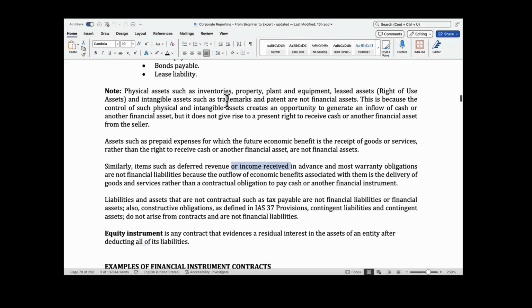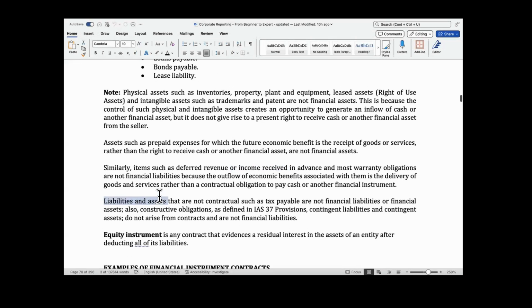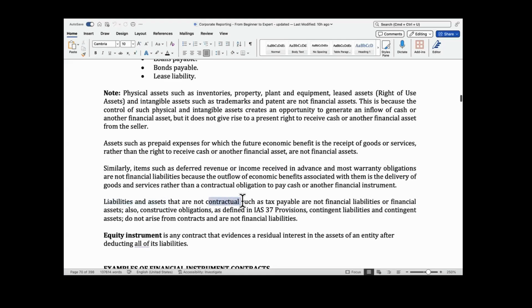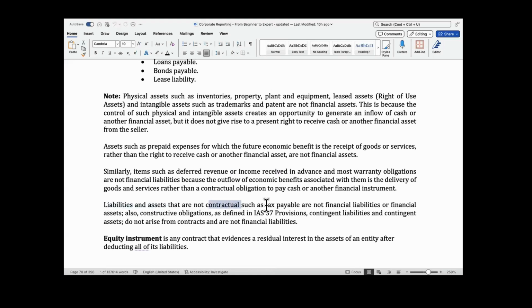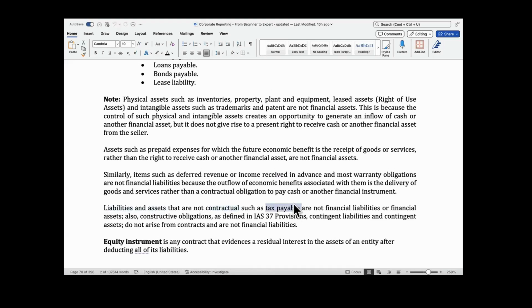Finally, liability and assets that are not contractual, such as tax payable, they are not financial liability or financial asset. Even though when you look at tax payable very closely, you would think that that is an obligation to deliver cash.